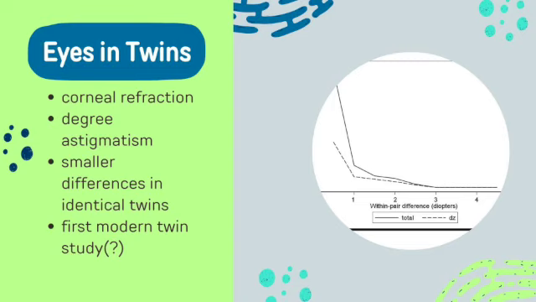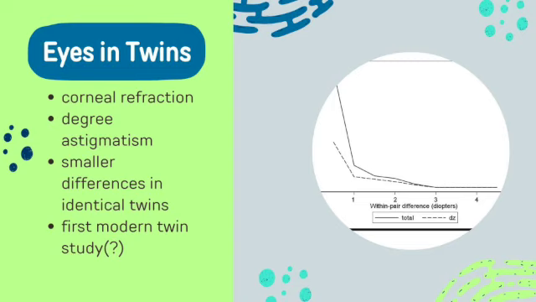So I'm gonna be totally honest, I don't completely know how the corneal refraction is calculated, but on the sense of twins, Jablonski did make the connection that the identical twins more often than not had a noticeably smaller difference in corneal refraction than the fraternal twins did.